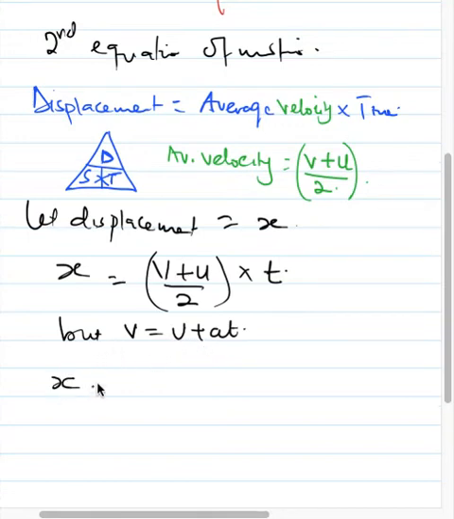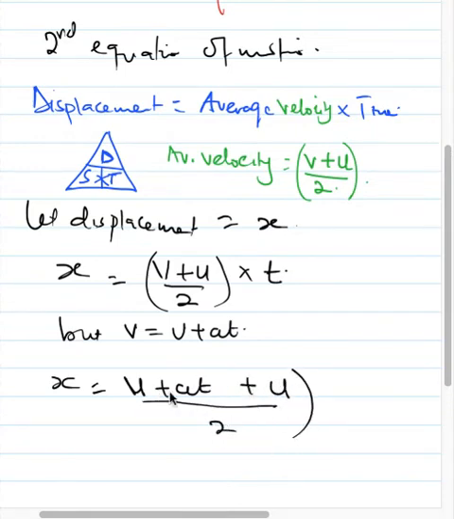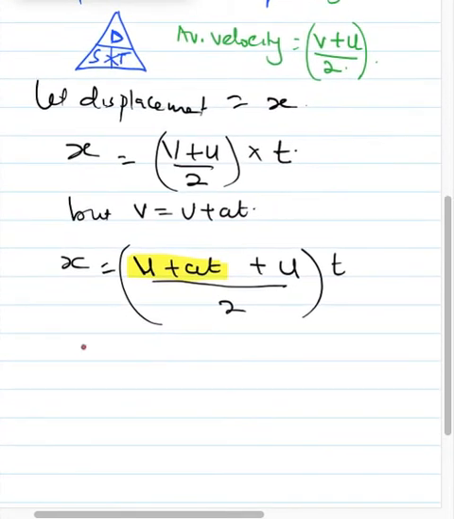So x will be u plus at, and then plus u, all over 2, into t. As you can realize, this part here is the v. We have substituted the v, and we can now multiply the t inwards, into the bracket. So we have ut plus at squared plus ut all over 2.